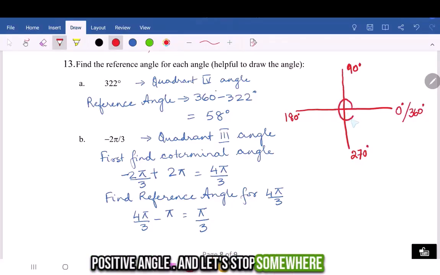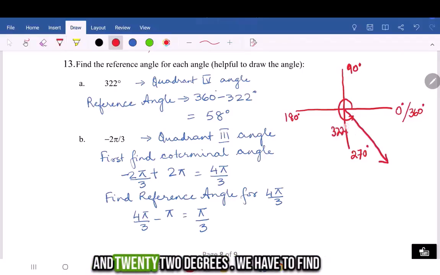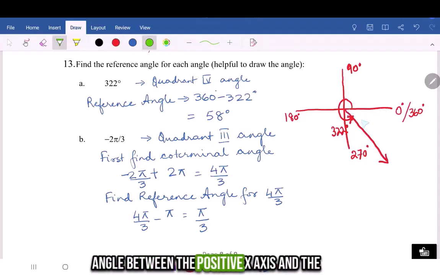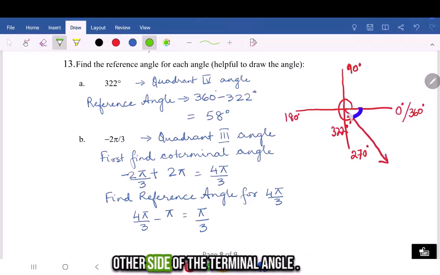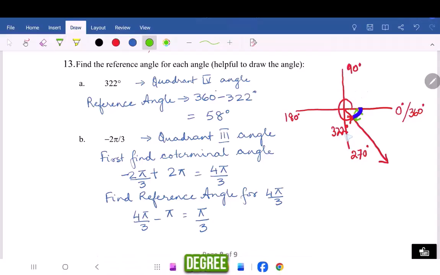And let's stop somewhere here. And here is our angle, 322 degrees. We have to find the reference angle for it. And the reference angle will actually be this angle between the positive x-axis and the other side of the terminal angle. Therefore, this is the reference angle for the 322-degree angle.